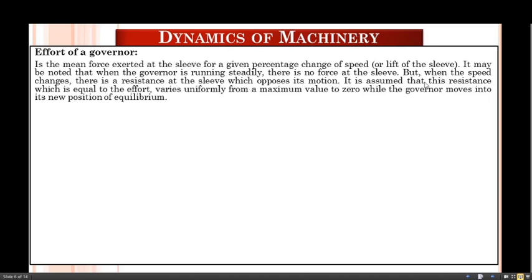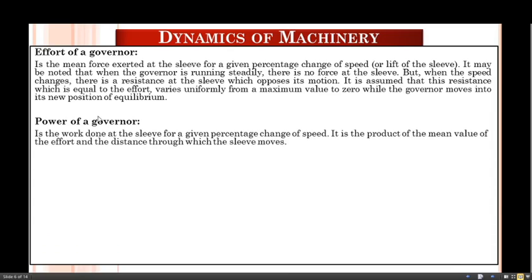It is assumed that this resistance, which is equal to the effort, varies uniformly from a maximum value to 0 while the governor moves into its new position of equilibrium.